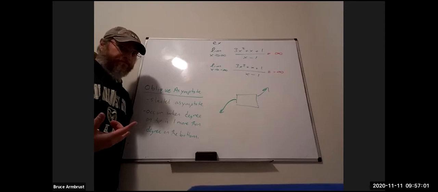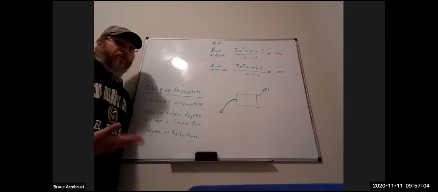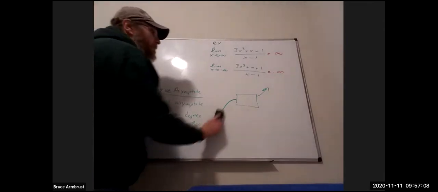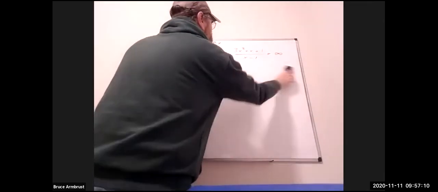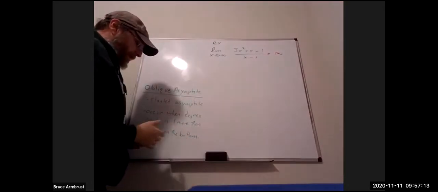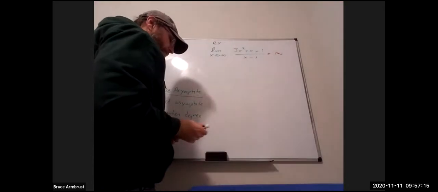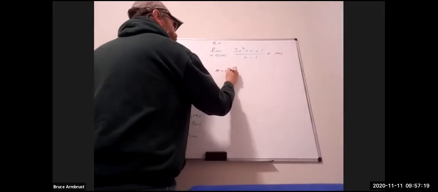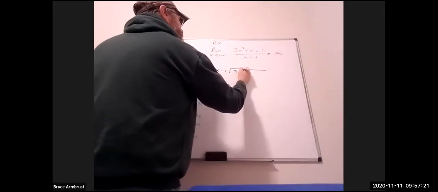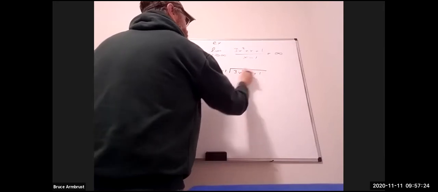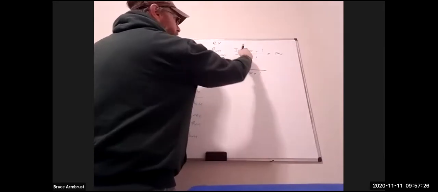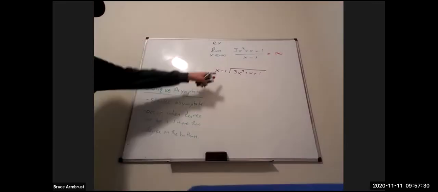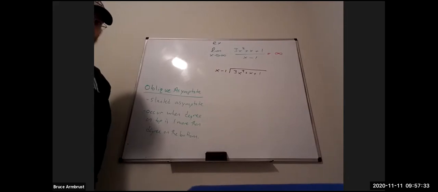So it's probably been a while. Let me remind you about polynomial long division. We'll do it with this guy. All right, so here's our setup. When we want to do the polynomial long division, just like any long division, you're going to put what we're dividing on the inside. So the 3x squared plus x plus 1 is what we're dividing into. And we're dividing by the x minus 1, so we're going to put that on the outside.